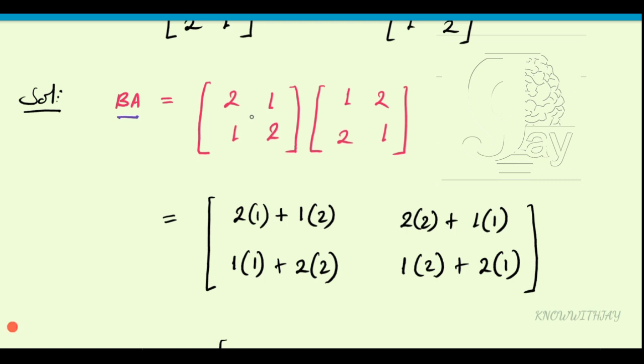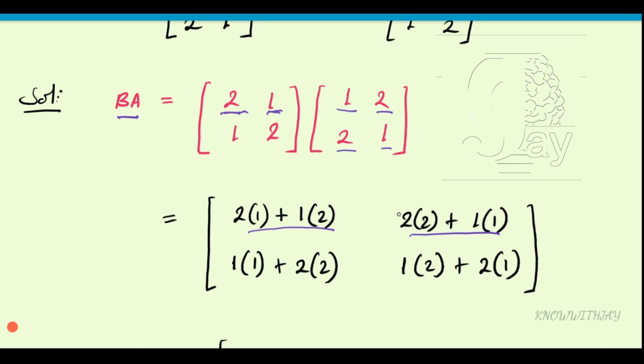Using the process of multiplication, 2 into 1 plus 1 into 2. Okay, and for the first row, second element, we have first row 2 into 2, 1 into 1.